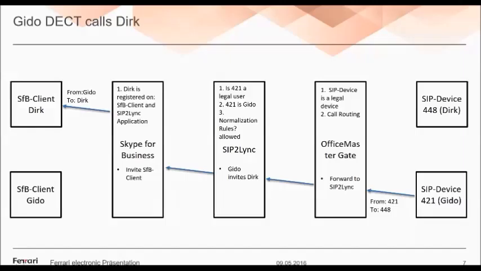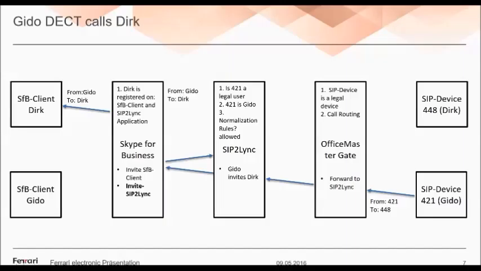What is quite interesting is what happens when, in addition, Dirk is also registered on the DECT device. Then the Skype for Business server will see, okay, Dirk is registered on Skype for Business, so I send an invite to this registered client. And Dirk is registered on SIP2LYNC, so I have to inform SIP2LYNC about that. And it sends an invite again with this SIP identity from Guido to Dirk.